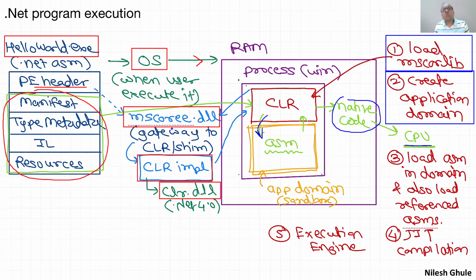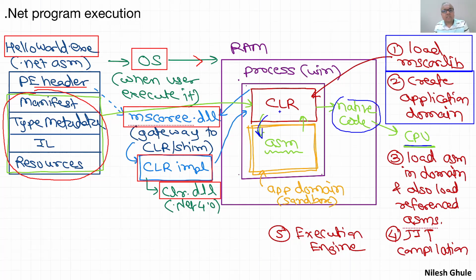So this mscoree.dll is loaded first, and then it in turn loads the CLR. The CLR itself is implemented as clr.dll from .NET 4 onwards. In earlier versions, the name of the DLL was different. Now this clr.dll is loaded, and the CLR is ready for executing the .NET application.